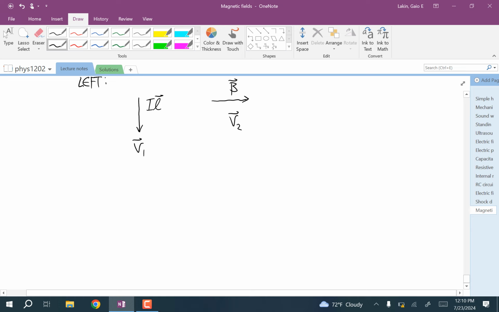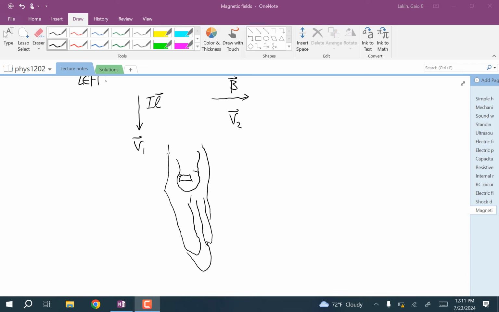Okay, so in order to curl your fingers to go from V1 to V2, you would have to have your hand in this position. The way the fingers are shown here, they're in the direction of V1. Then you curl them to put them in the direction of V2. That says that the force is going to be out of the page. And so this is the force.